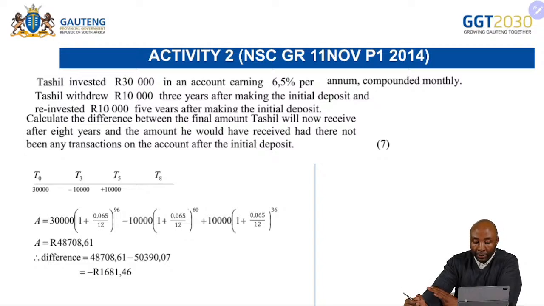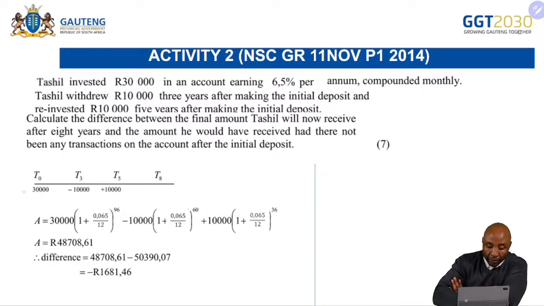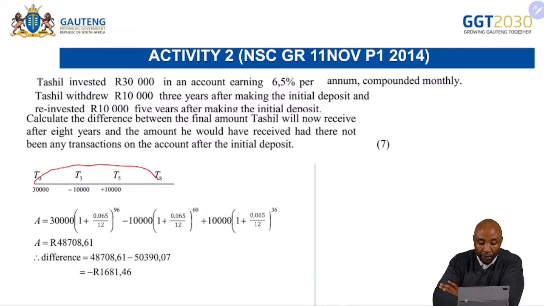This is the easier one. You can see that the 30,000 will be in the account for 8 years. That is why here we are saying power 96, because it's compounded monthly over the period of 8 years. So we are going to have 8 times 12 giving us the power 96. Remember, we are pulling everything to the end of the period.